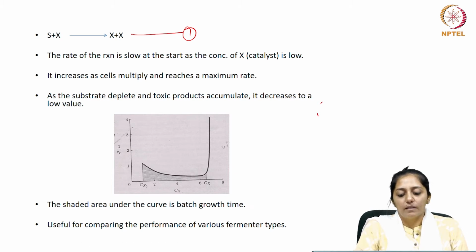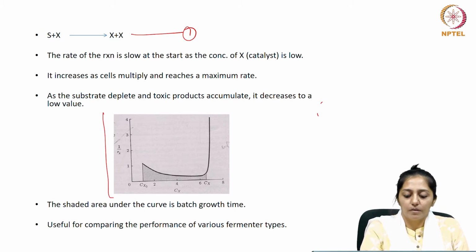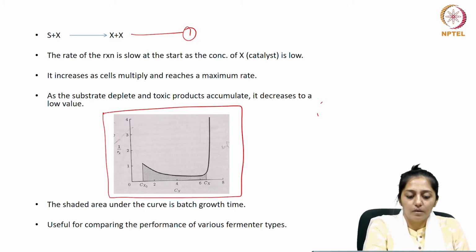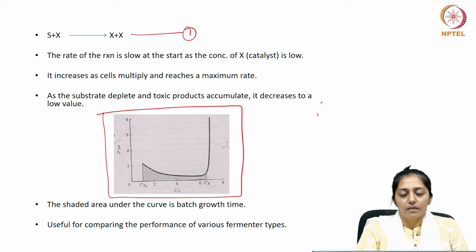So if you can see the schematic shown here, it demonstrates batch kinetics in which the initial biomass concentration, which is the concentration of your starter culture, Cx0, is put in the medium, and at the harvest, the maximum cell concentration is Cx.